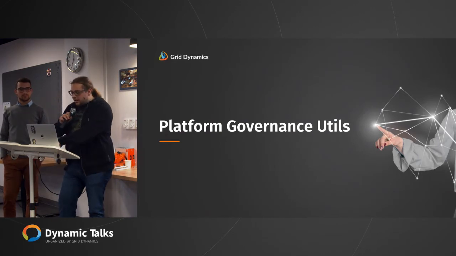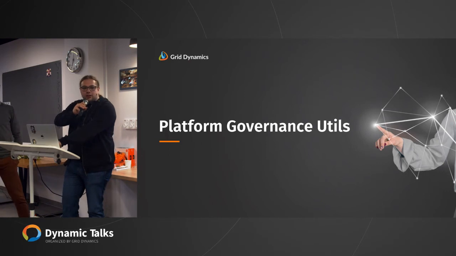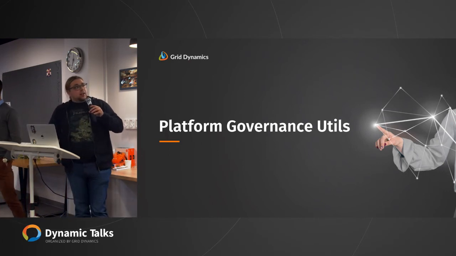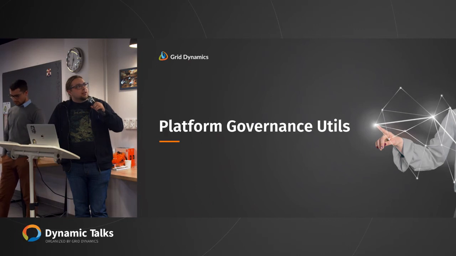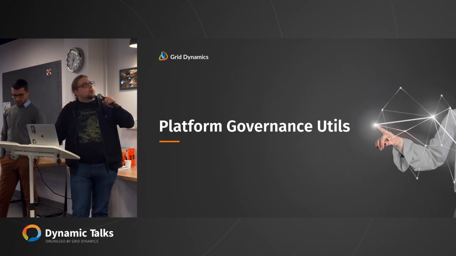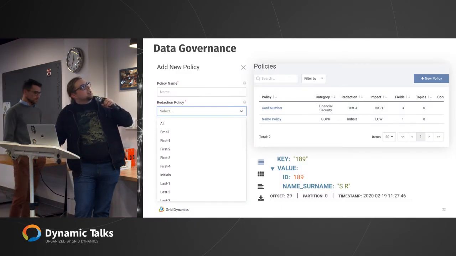And at the end, the last part we've got here regarding the Lenses platform itself is platform governance utils. It's mostly related to things that DevOps people may be interested in, but it still can be very useful, especially for things like data access management.